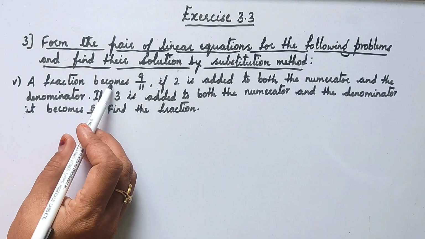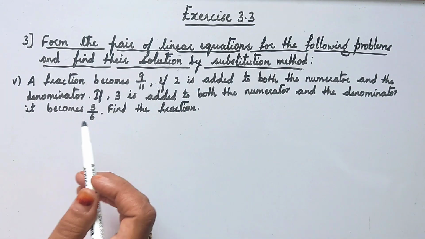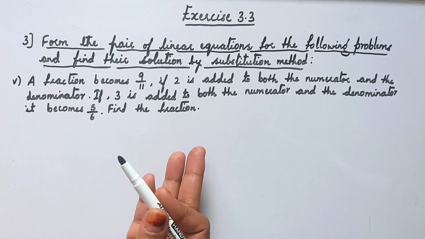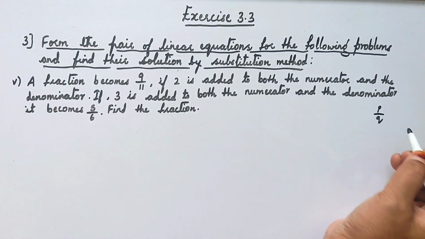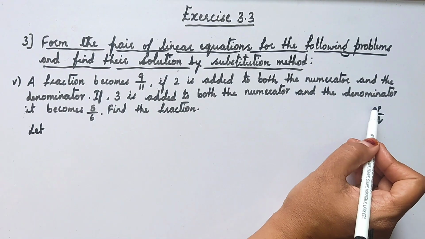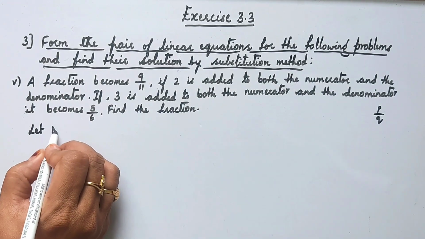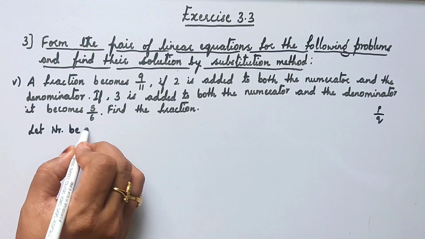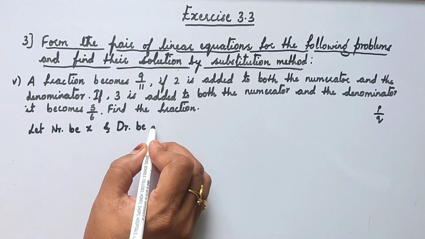A fraction becomes 9 by 11 if 2 is added to both numerator and denominator. Fraction means it should be in the form of p by q. Okay. Now let the numerator be x and denominator be y.